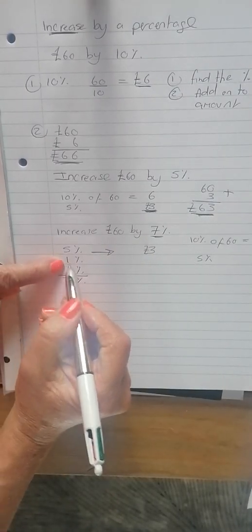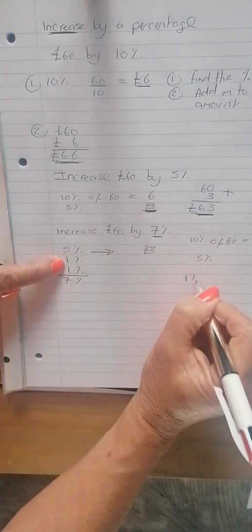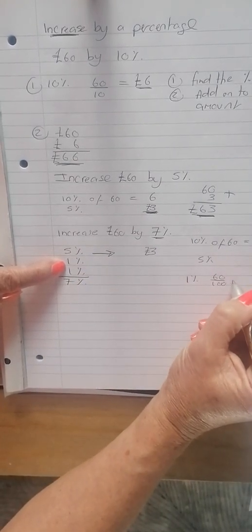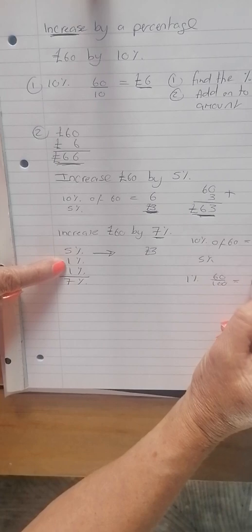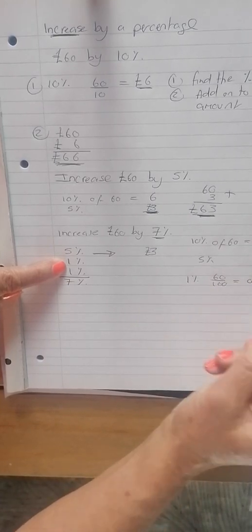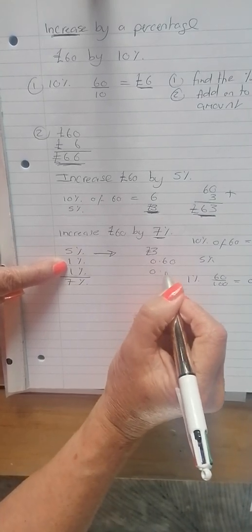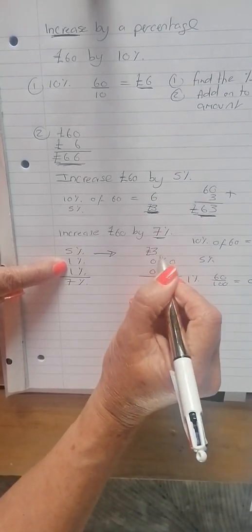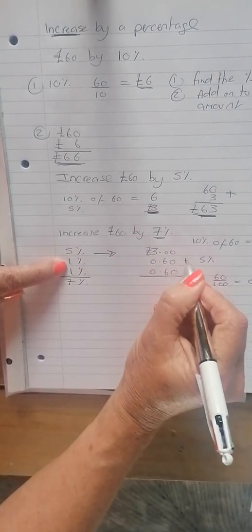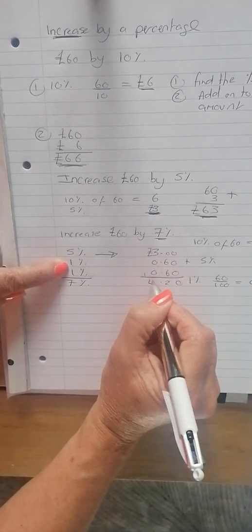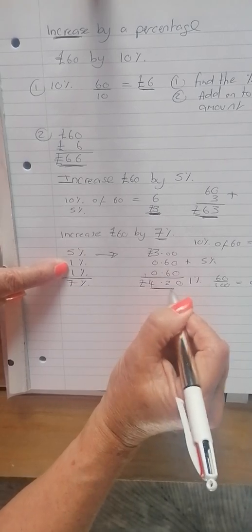1% you divide by 100, so let's do this over here. So 1%, I'm going to divide that £60 by 100, that'd be 60p. So 60p, another 60p. I'm just making them uniform, and then I add them together. 2 down, carry the 1. £4.20 is the amount.